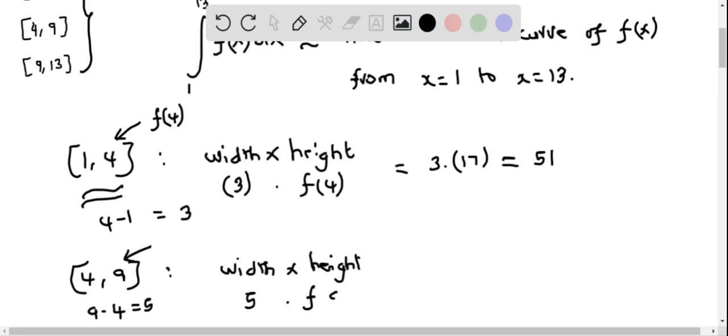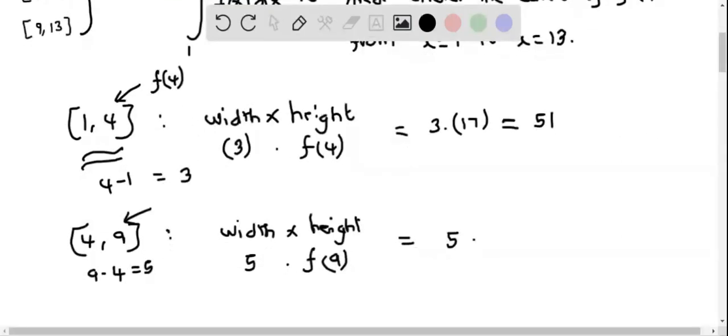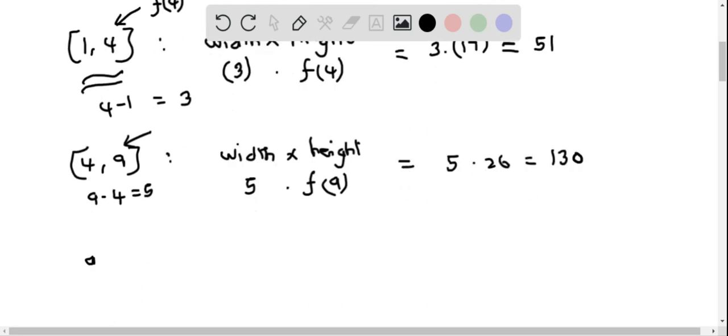So it is f of 9. And this equals 5 times f of 9, which we can see from the table is 26. So we plug in 26 here. And this gives 26 times 5. This equals 130.